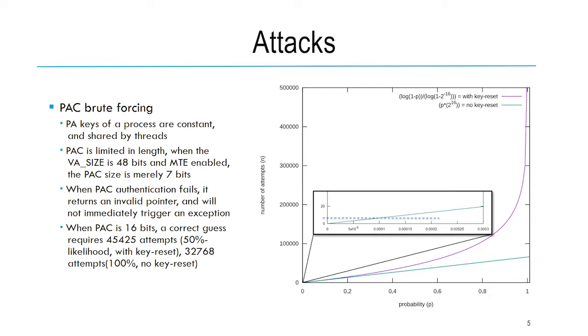When the VA size is 48 bits and MTE is enabled, the PAC size is merely 7 bits, and when PAC authentication fails, it returns an invalid pointer and will not immediately trigger an exception. So the key will not be reset. Hence, we can do a calculation and know that a correct guess won't take much effort. When the PAC is 16 bits and there is no key reset, about 30,000 attempts are enough.